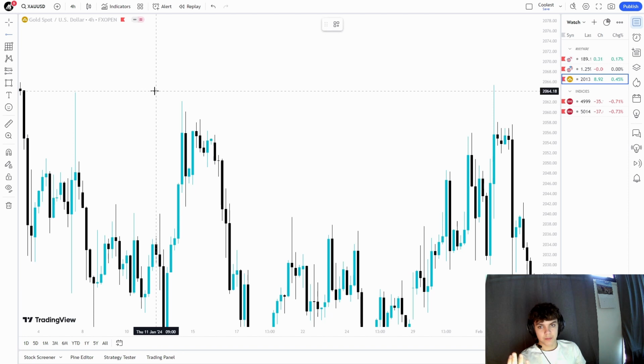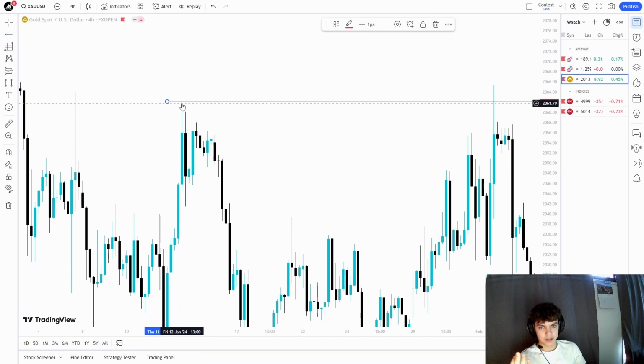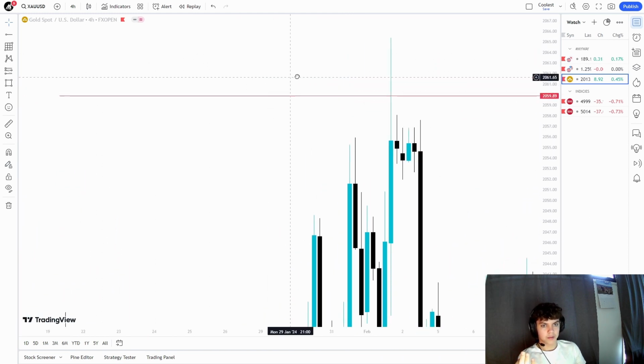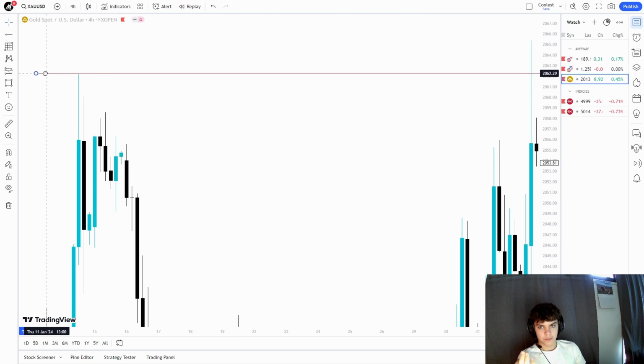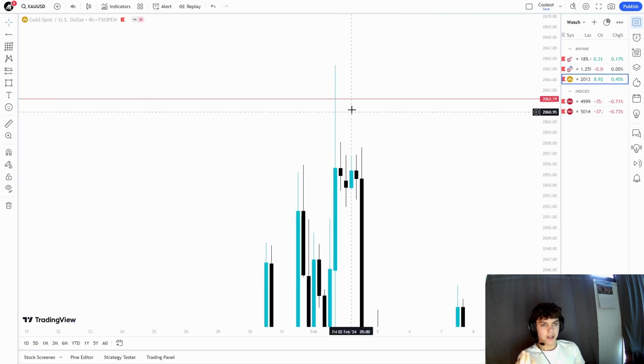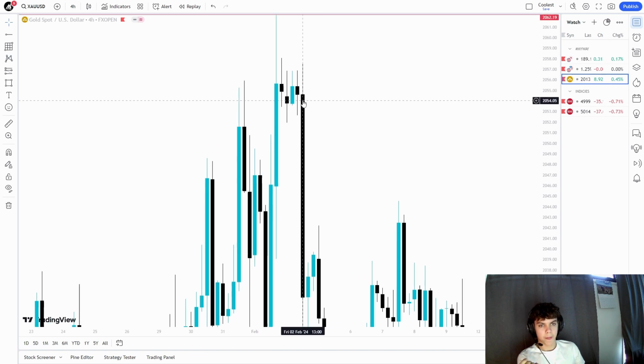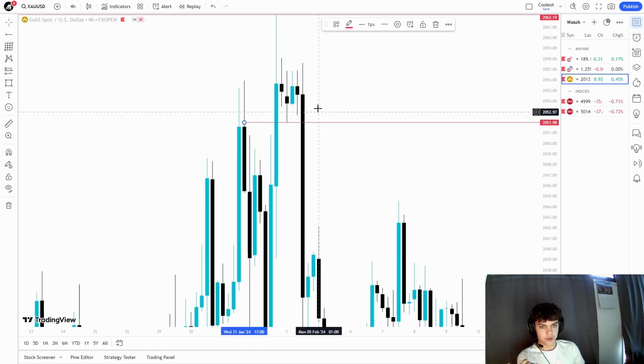Okay. Look at this. What happens here? Liquidity gets swept. You can see the sweep of liquidity. Okay, what happens then? Break of structure. Why is it a break of structure?